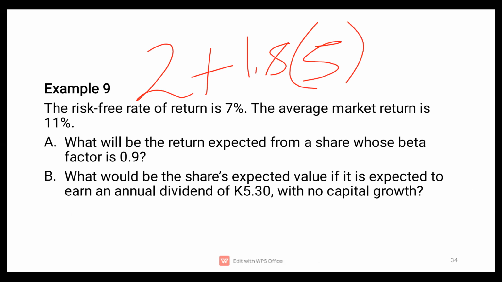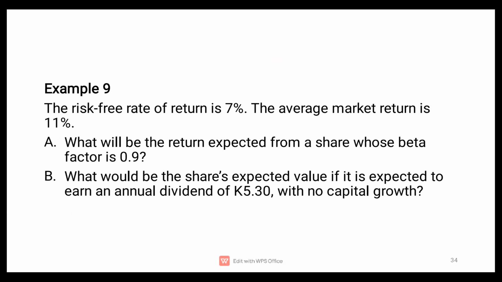The risk-free rate of return is 7%. The average market return is 11%. What will be the return expected from a share whose beta factor is 0.9? This one you can easily do, right? You're now conversant with the capital asset pricing model.